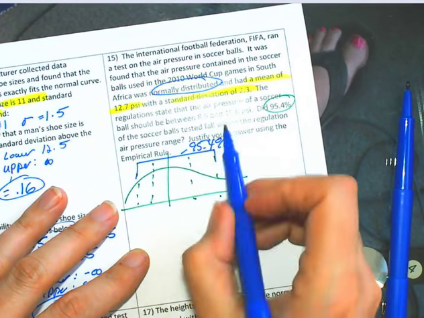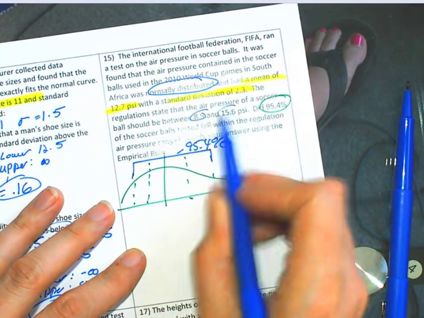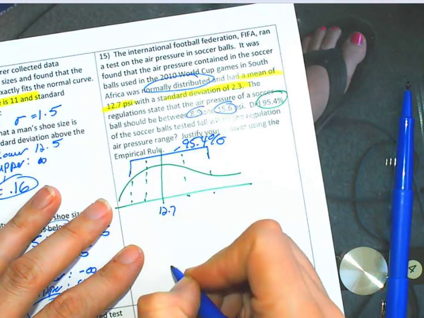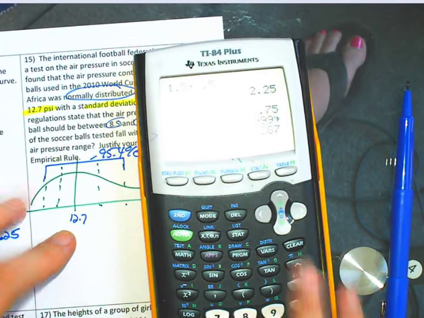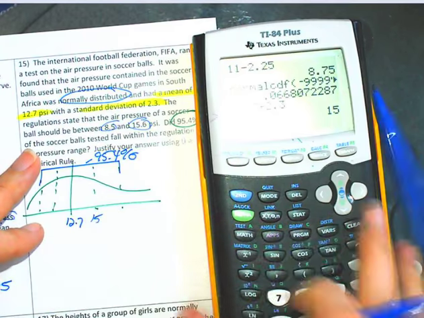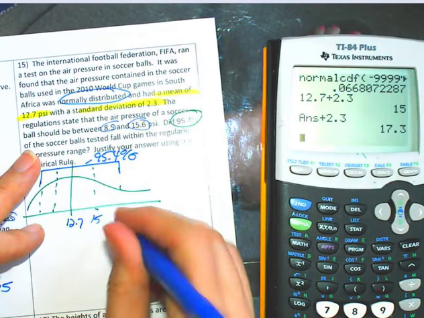So the ball should be between 8.5 and 15.6. The mean is 12.7, and remember, the standard deviation is 2.3. So plus 2.3 is 15. Plus 2.3 is 17.3.